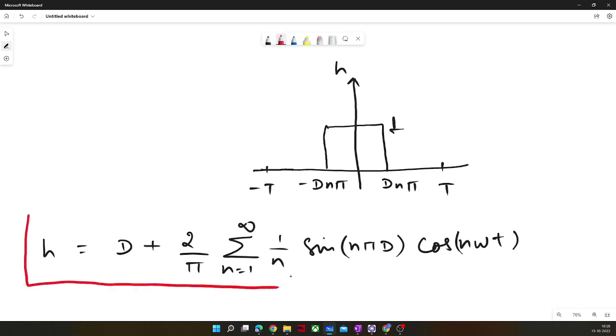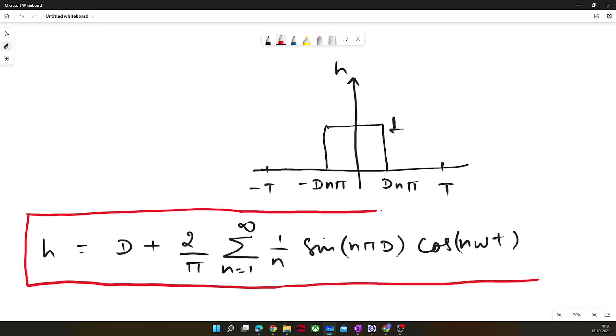If anywhere some switch is there, some input is given, and here we are receiving some output. And the switch is being closed for DT and being open for the remaining time of the time period.